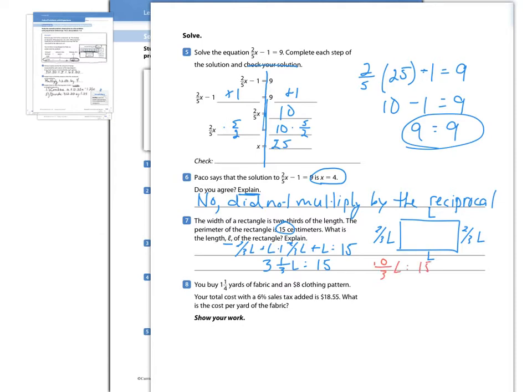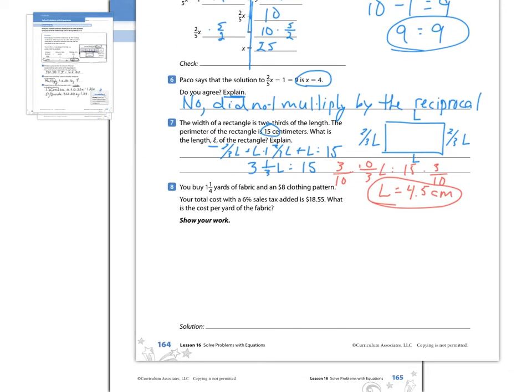To solve that equation, I would then multiply both sides by the reciprocal of 10/3, and that would leave us L is equal to 45/10, or I'm going to simplify and say 4.5 centimeters, because 45/10 is equal to 4.5. So we could write that like so.